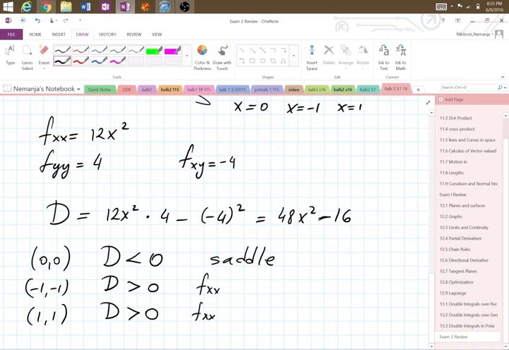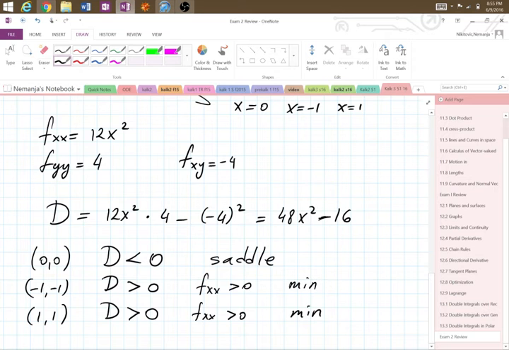So now fxx is 12x squared. That's going to be larger than 0 in both cases. So a min and a min. So this was like a perfect size exam question, I would say, where you guys can show off your math skills without being too much concerned with crazy calculations and equations and so on.